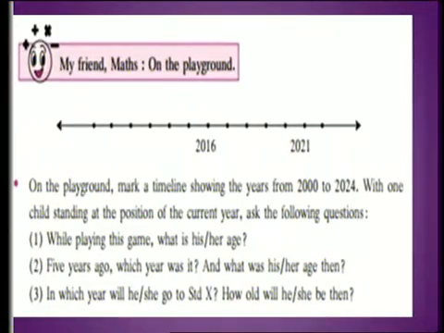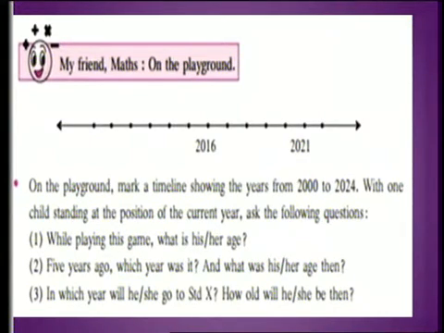Sir, can you please tell us what is the correlation of this mathematics chapter to other subjects? Oh yes, let us watch the next slide. There is an activity given under the title My Friend Maths on Playground. You can watch. There is a number line which we call a timeline because years are denoted on that line.